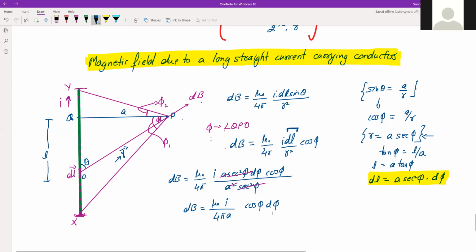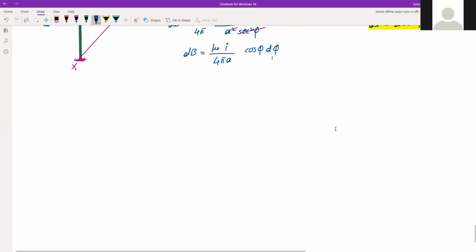Others are constant. So now in order to find the total magnetic field, that is B, we just have to integrate this dB from phi equals phi1 to phi2. But phi1 is in the opposite direction, so I'll say this is minus phi1. So if phi2 is positive, phi1 will be negative.